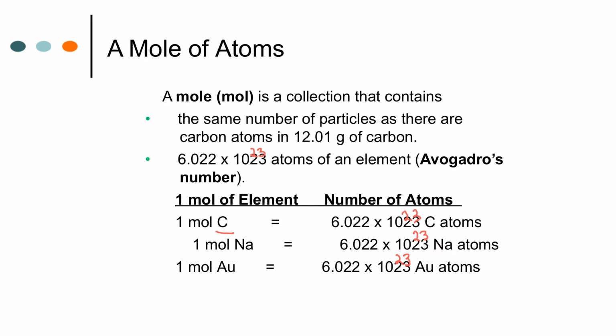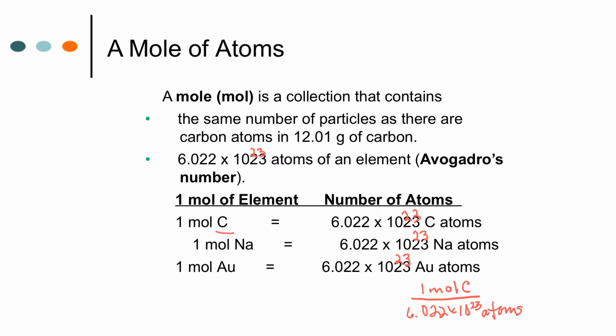So for carbon, for example, we could say 1 mole of carbon is equal to, remember that conversion factors are always equalities, 6.022 times 10 to the 23rd atoms, right? And we can also flip that around.